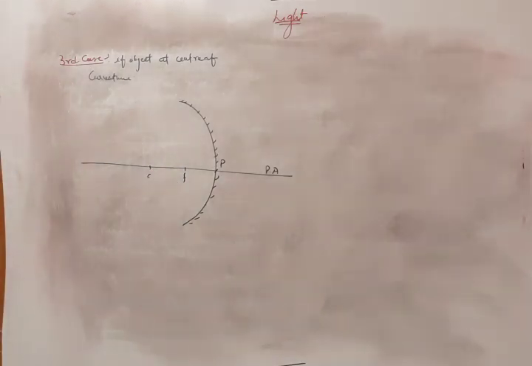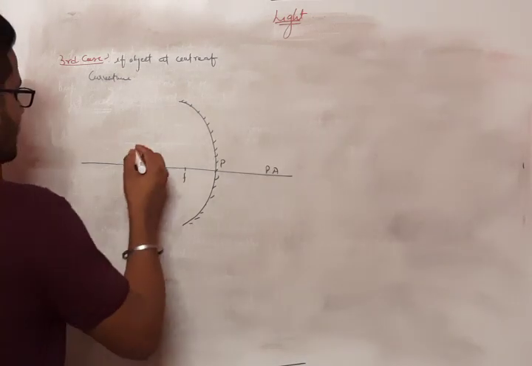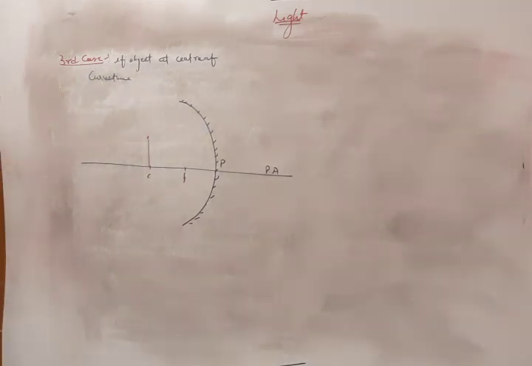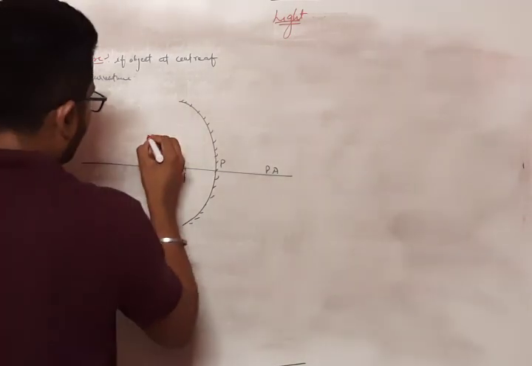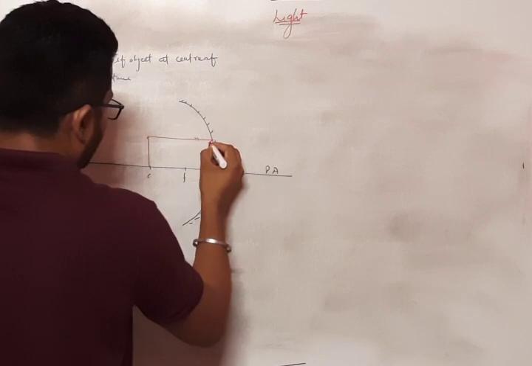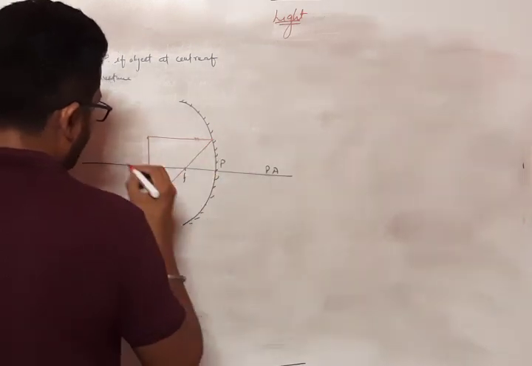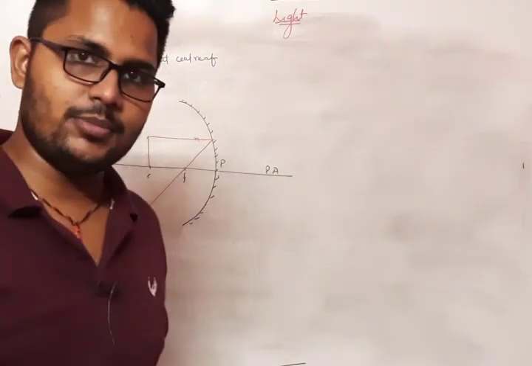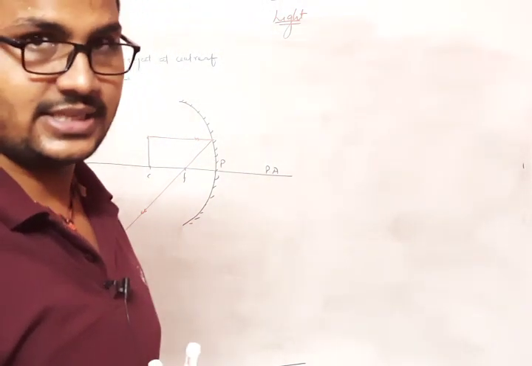Okay beta, if the object is like this, then a ray will go parallel to the principal axis and it will reflect back through the focus, because this is the ray criteria of a concave mirror I have discussed in the last class.